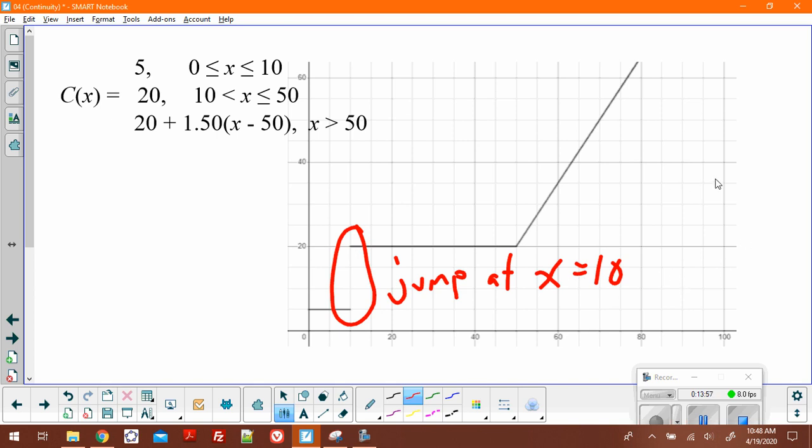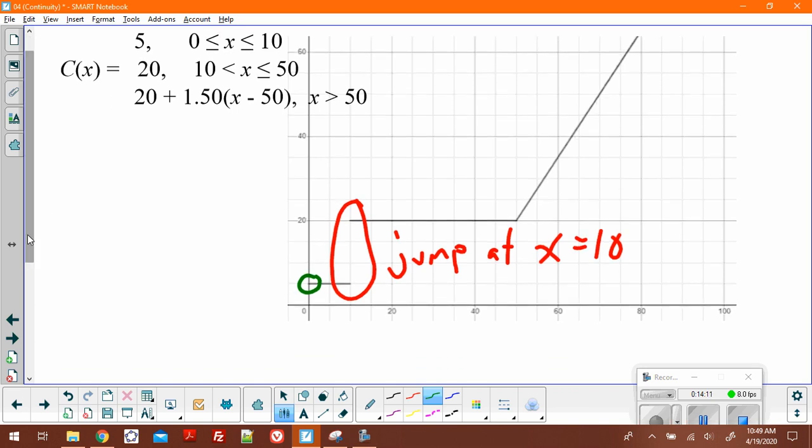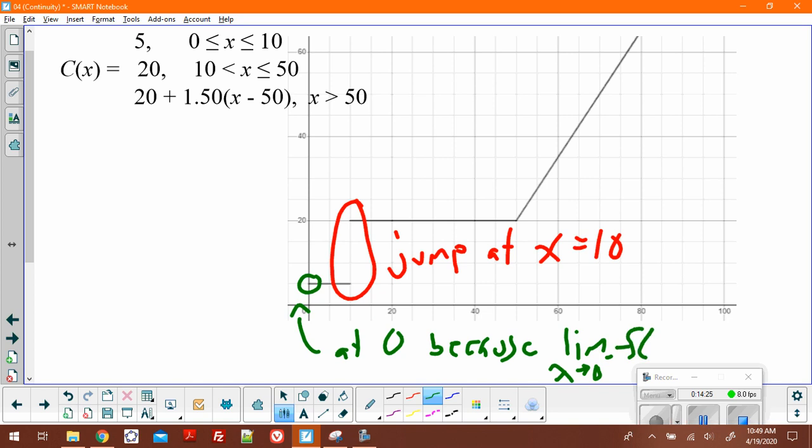Another one I want to briefly point out, this isn't super important in the grand scheme, but it will come up. If you want to get really technical, the function is discontinuous at 0, and this is for a reason that's not one of those 3 categories. At 0, the limit as x approaches 0 from the left of my function, C of x, does not exist.